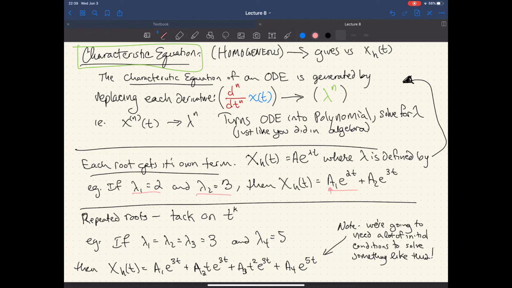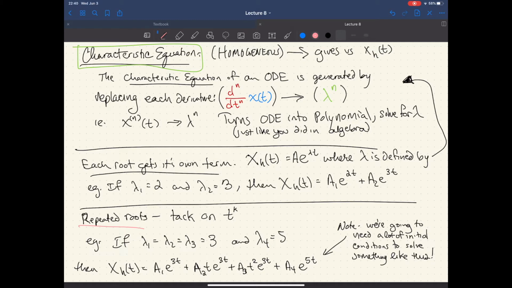And then the second part, a2, different one altogether. Gonna have to get another equation, another initial condition to isolate that other variable, e to the 3t, okay? So just follow that form. Now there are some exceptions to this, and there's always exceptions to stuff. If we have repeated roots, we need to tack on t to the k.